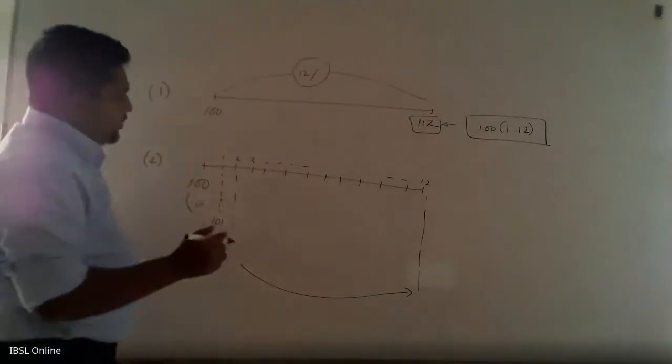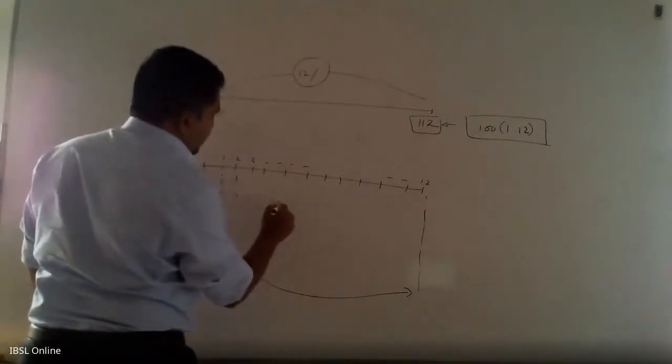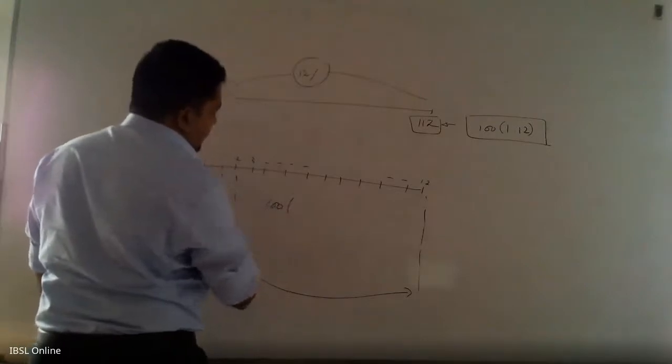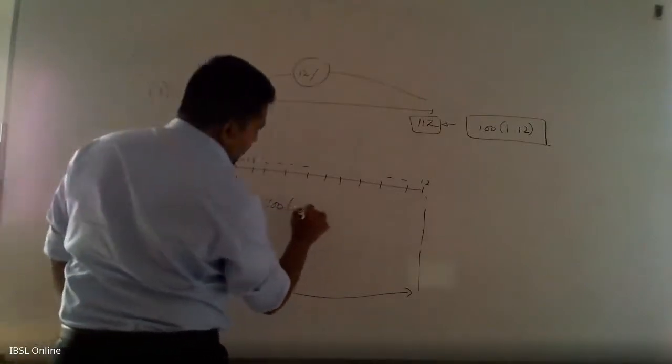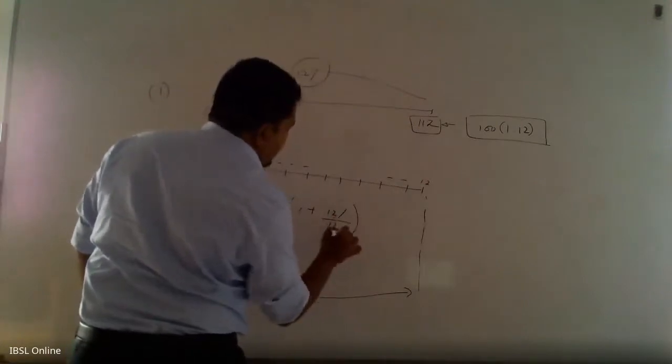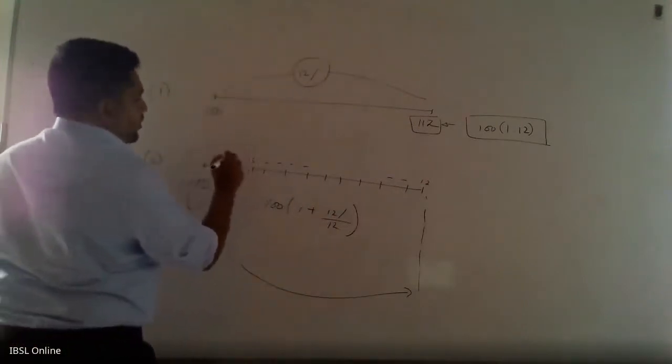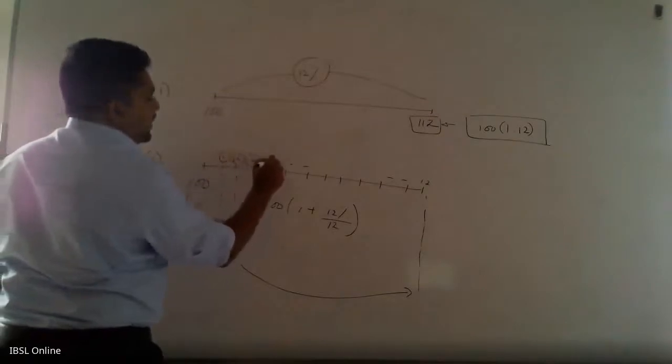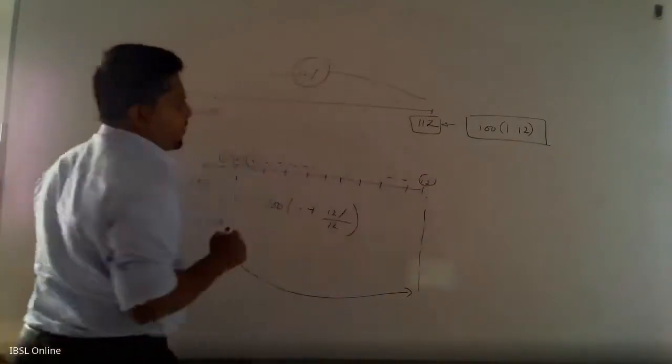In that case, your equation is going to be 100, that's your present value, multiplied by 1 plus 12% divided by 12, as we have 12 intermediate cash flows.